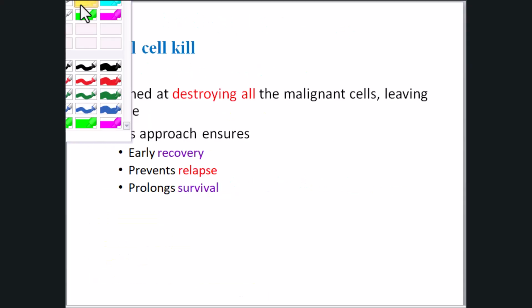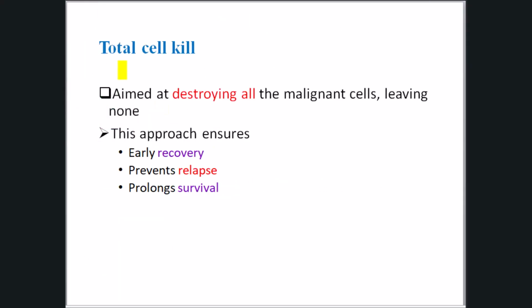Okay, here the concept of total cell kill is to destroy all residual cancer cells within the host. This is normally achieved through a combination of different chemotherapeutic agents. This can prevent recovery, prevent relapse, and prolong the patient's life.